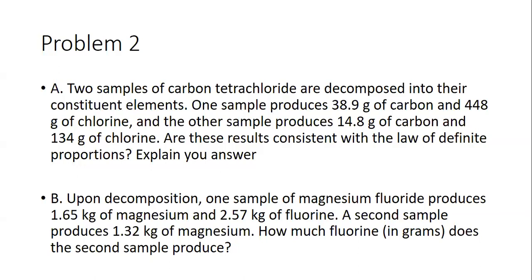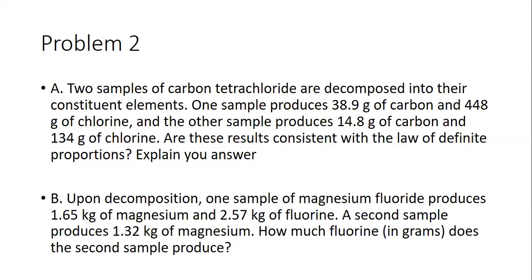And the other sample produces 14.8 grams of carbon and 134 grams of chlorine. Did we follow the law of definite proportions in this problem? I will work out this one because it might not be really clear where we're going with this, and then I'll let you do B just so you can get the hang of it.